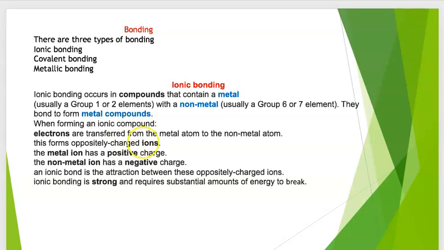This forms oppositely charged ions. The metal ion has a positive charge, the non-metal has a negative charge. An ionic bond is the attraction between these oppositely charged ions.